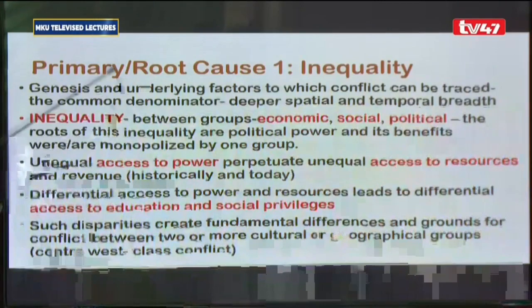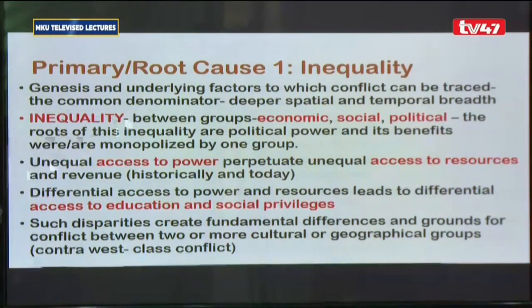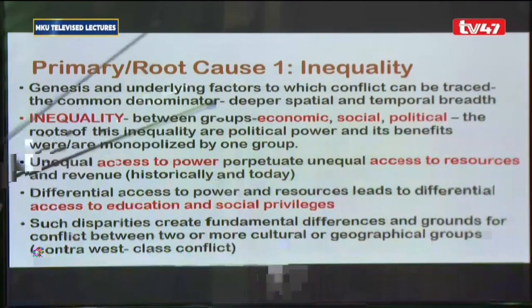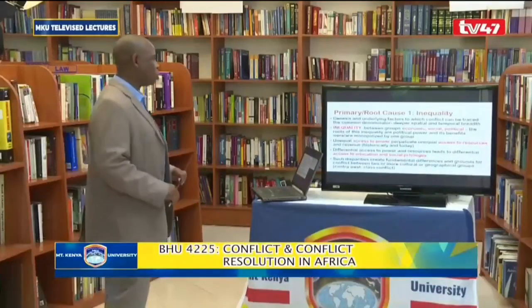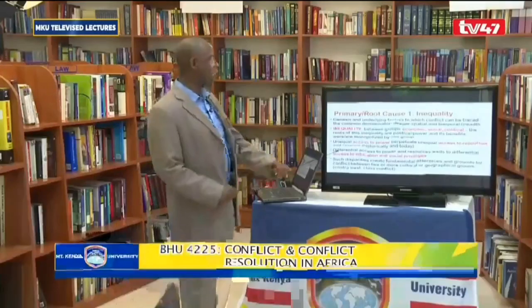Inequality arises between groups, and as I've said, it is linked to economic, social, and political factors. This inequality enables certain groups of people to have access to political power, and these groups are able to monopolize that power. When you monopolize power and you have unequal access to power, you also have unequal access to resources.